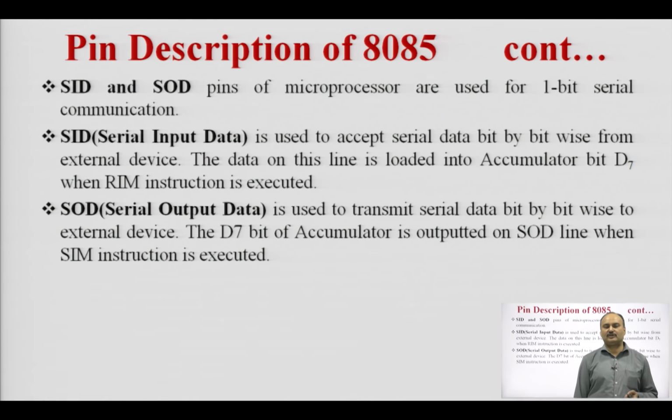The D7 bit of the accumulator is output to the SOD line when the SIM instruction is executed. So, this is the purpose of the SID and SOD pins, to perform 1-bit serial communication with the help of the RIM and SIM instructions, that is read interrupt mask and set interrupt mask.